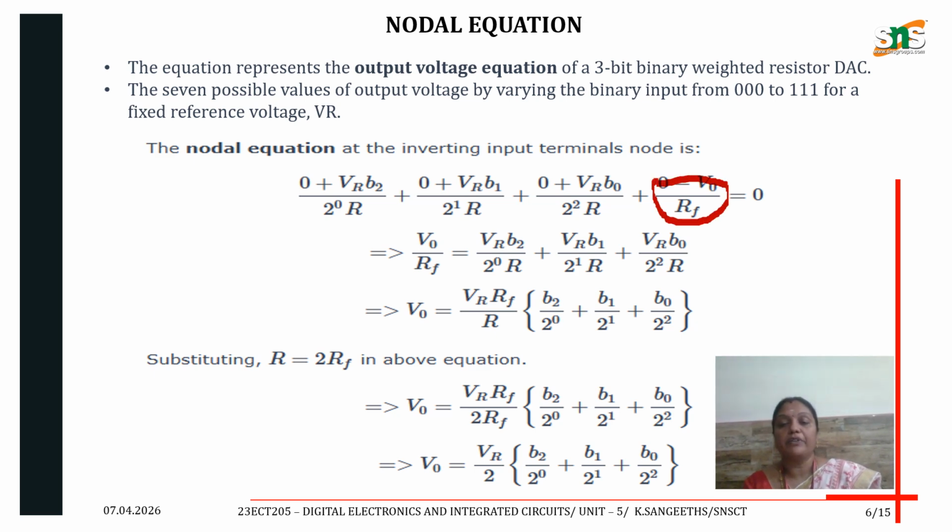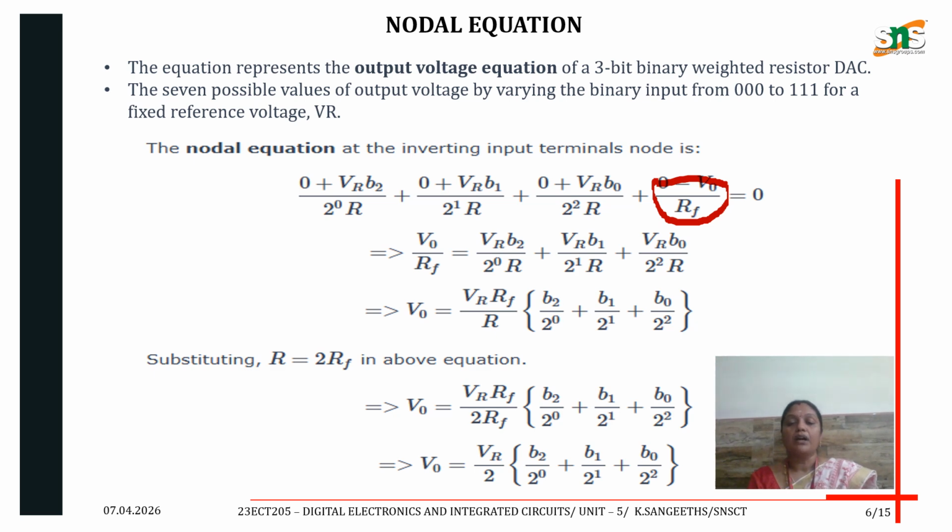After simplifying this, we get V0 equal to VR into RF divided by R, into B2 divided by 2 power 0, plus B1 divided by 2 power 1, plus B0 divided by 2 power 2. If the values of all the R are equal to 2 power RF, then the output voltage is VR divided by 2 into B2 divided by 2 power 0, B1 divided by 2 power 1, and B0 divided by 2 power 2.